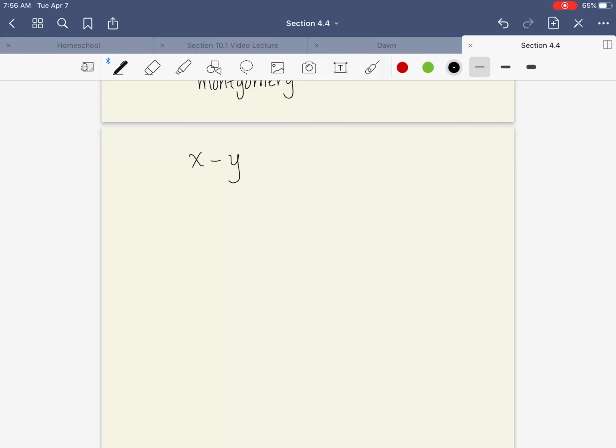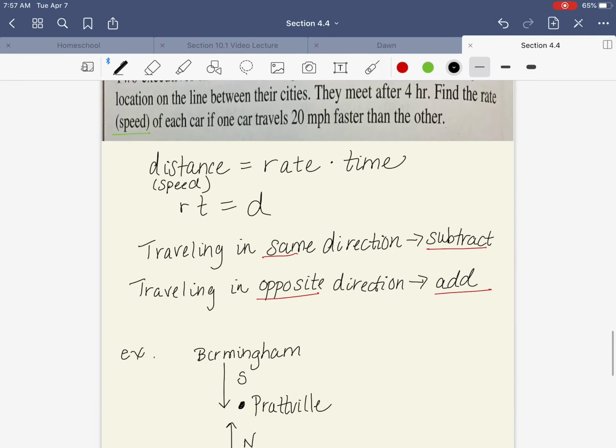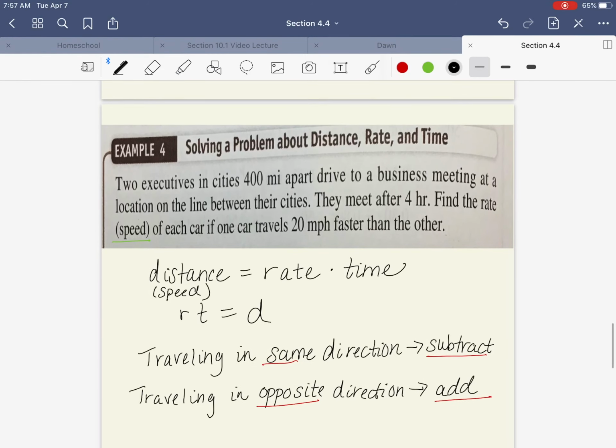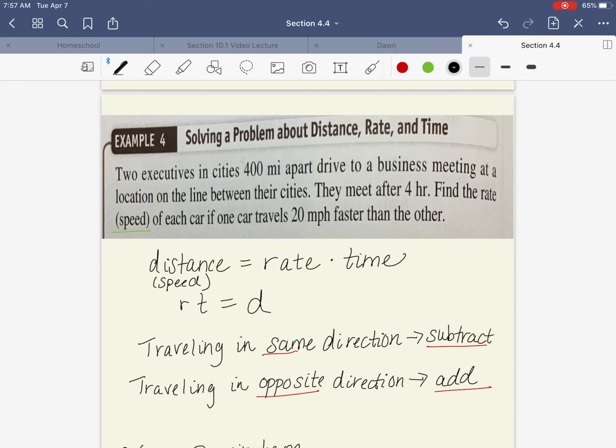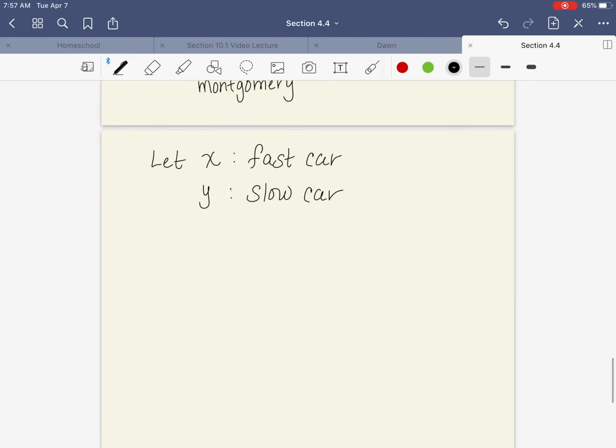Well, let's do this first. Let's say what is x and what is y. Let's let x be the fast car and let's let y be the slow car, because it says that one car is going 20 miles per hour faster than the other.